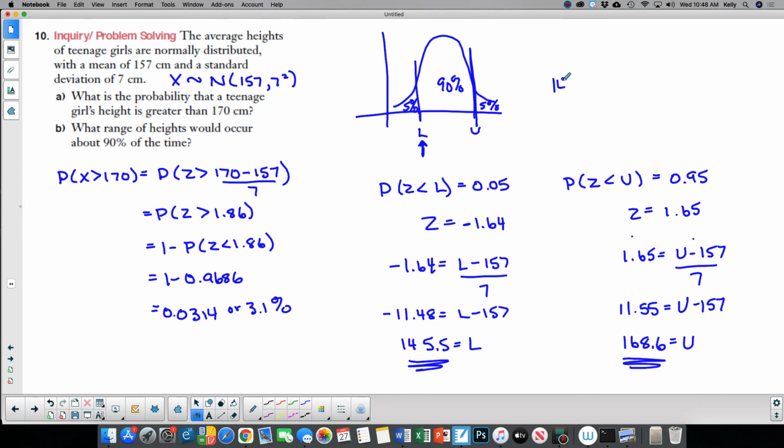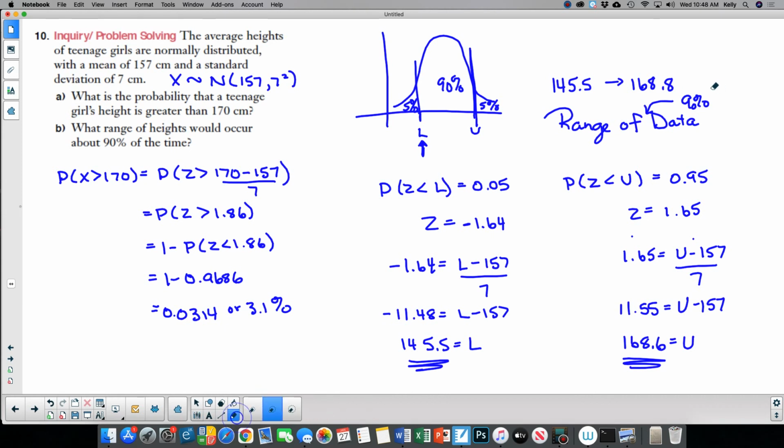So 145.5 to 168.6 will give us the range of data, or range of 90% of data. Okay, hope that helps.